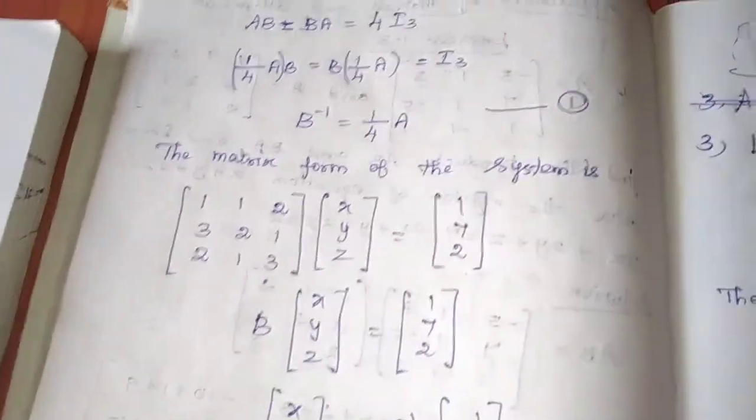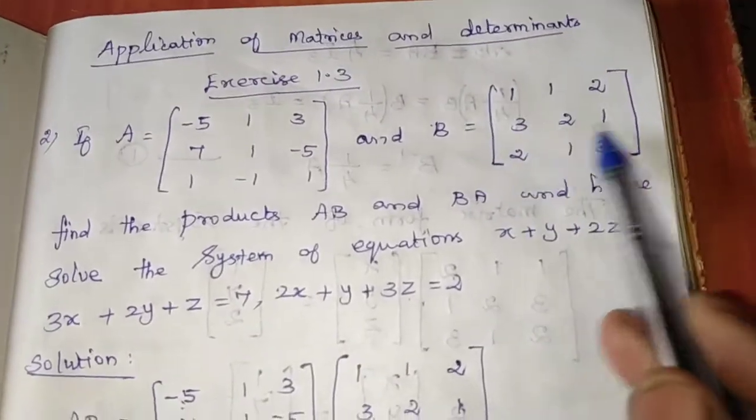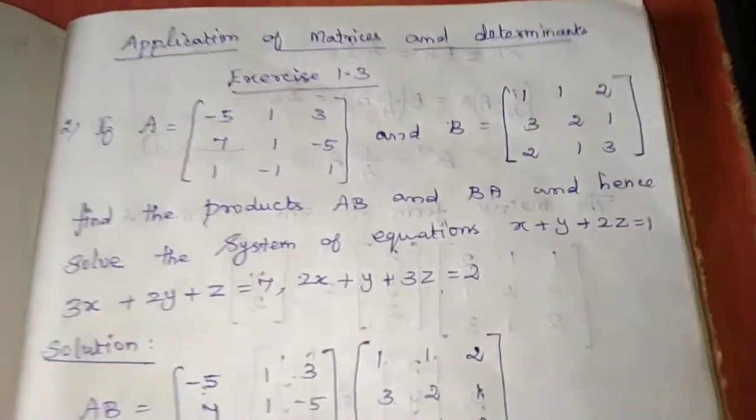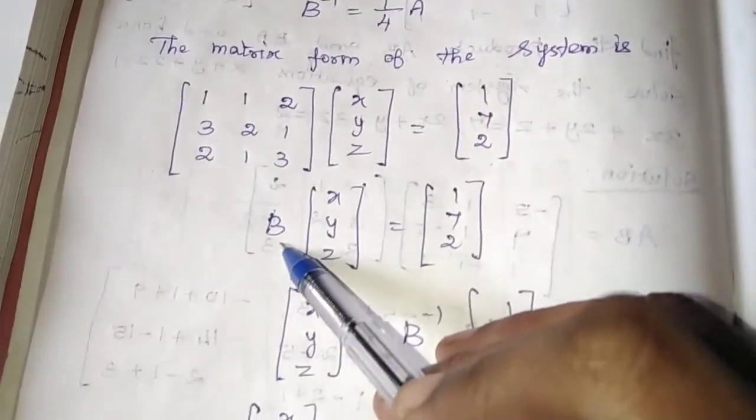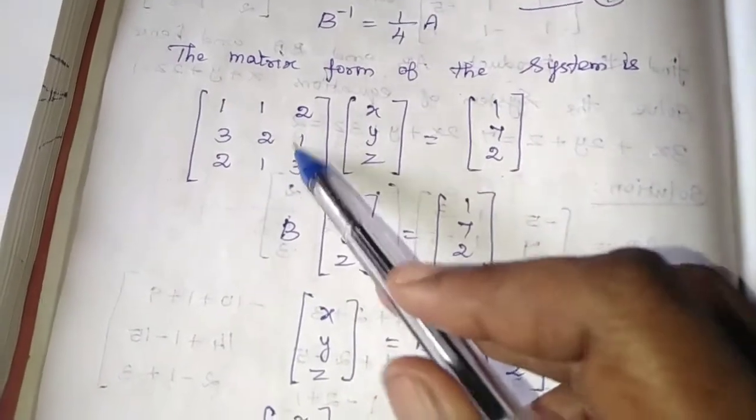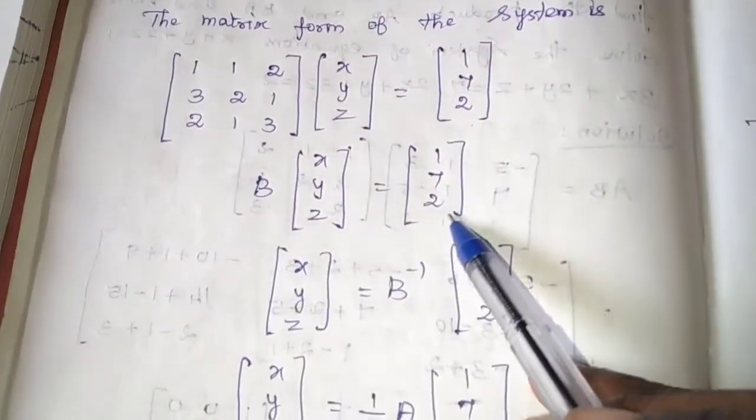Now see that one, B equals 1 1 2, 3 2 1, 2 1 3. That matrix equals B, times x y z, equals 1 7 2.